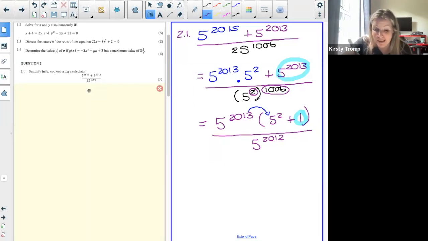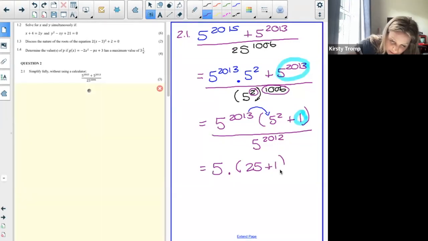Same base, can I subtract the exponents? Happy with that? Same base. I'm going to be left with 2013 minus 2012. I'm left with 5 times, open up a bracket, 25 plus 1.